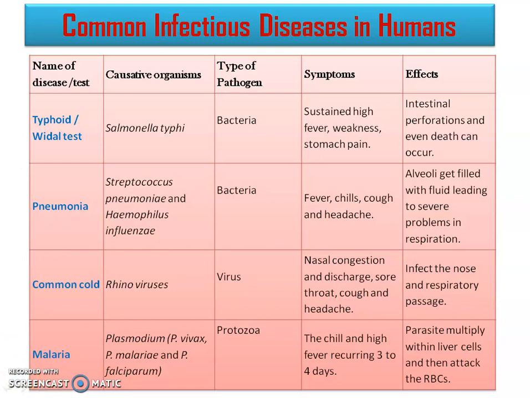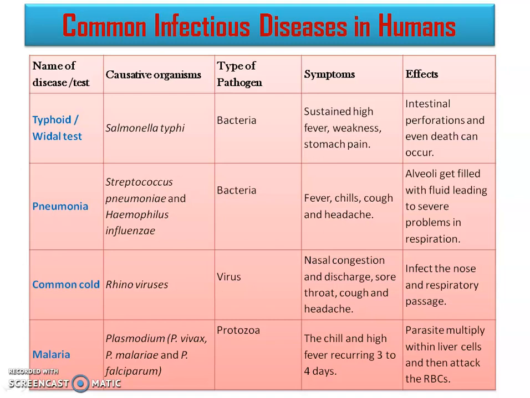The symptoms are high fever, which is persistent and sustains for several days. Also, there is weakness in the body, and pain in the stomach. The harmful effects include intestinal perforations, and even death can occur due to Salmonella typhi.